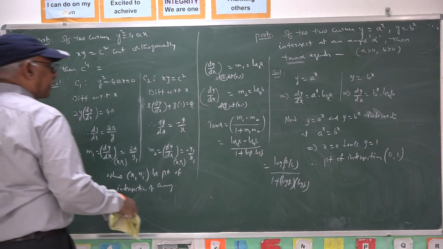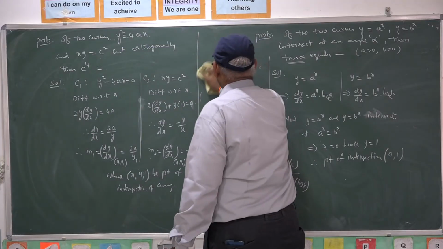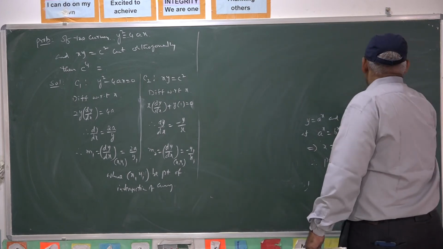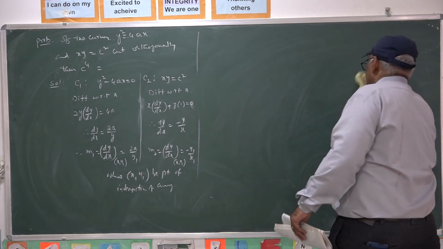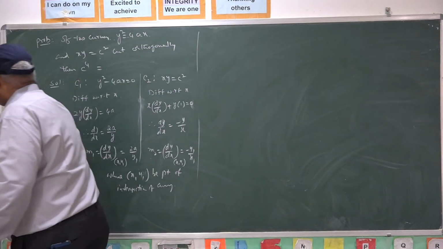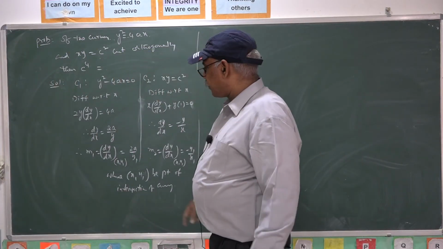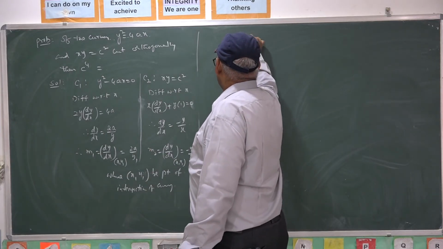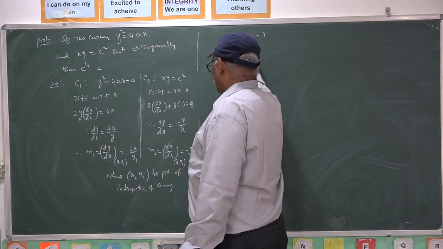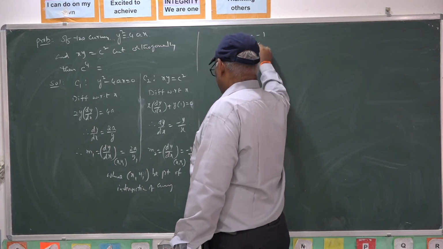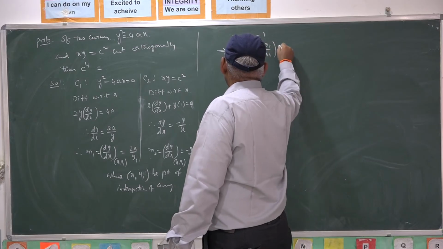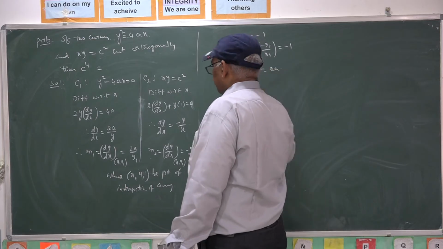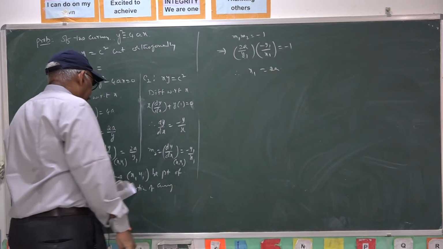I am assuming the point of intersection as x1 y1 here. Now, given m1 into m2 equal to minus 1, 2a by y1 into minus y1 by x1 equal to minus 1. y1 cancels, minus cancels, so x1 takes the value 2a. The x coordinate of the point of intersection is 2a.